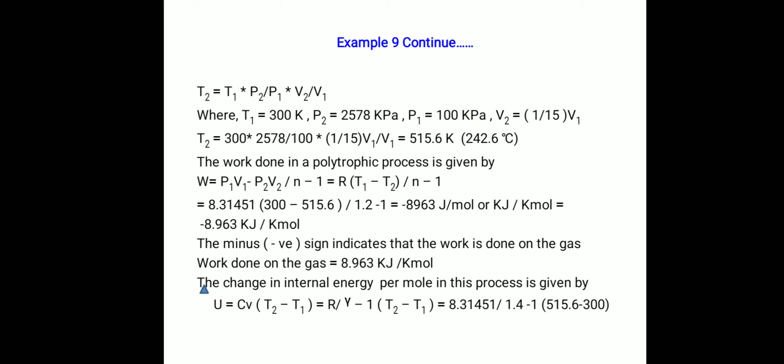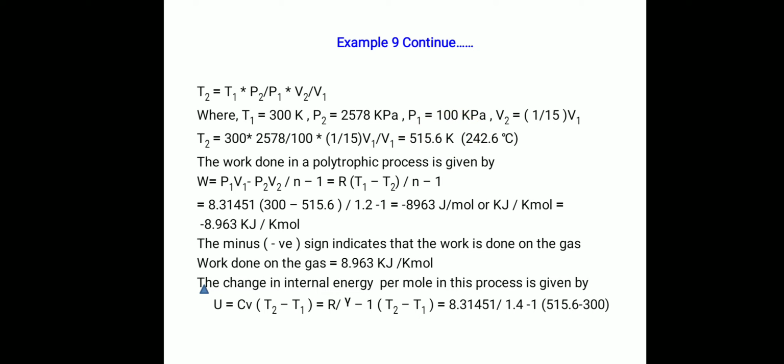Now to calculate the work done in the polytropic compression process, the formula is W equals P1 V1 minus P2 V2 upon n minus 1. We know that PV is equal to nRT for the ideal gas law.